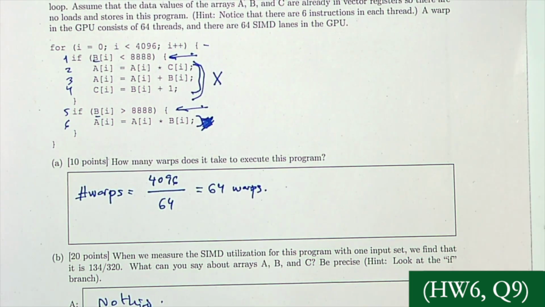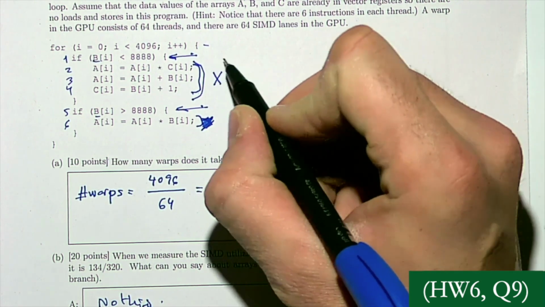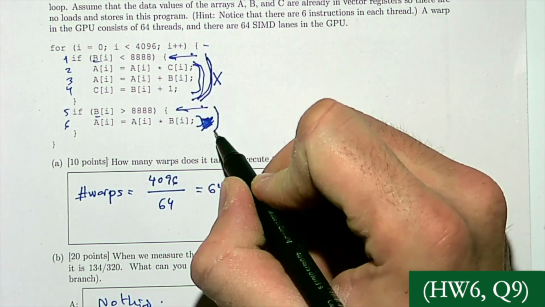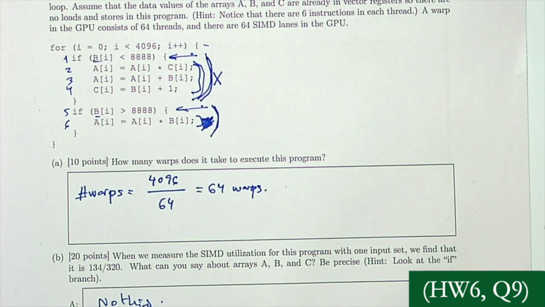Because in part B, we discovered that there were 2 threads in every warp that are executing the same path. So if you want to decrease the utilization, instead of 2, use 1, right? And so this way, the way to achieve the lowest utilization is to have 1 single thread going through this path and 1 single thread going through this path.